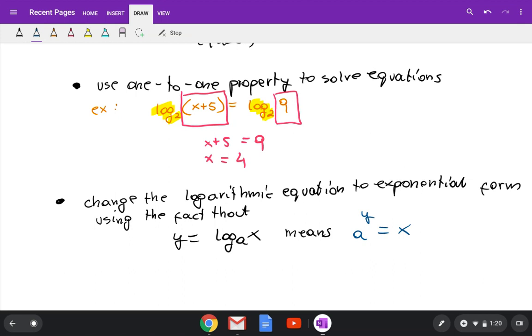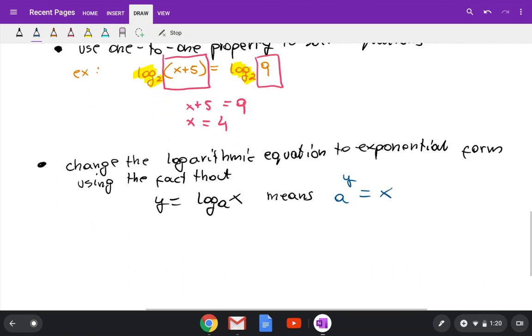So you're switching the position of x and y. Okay, so let's start practicing.